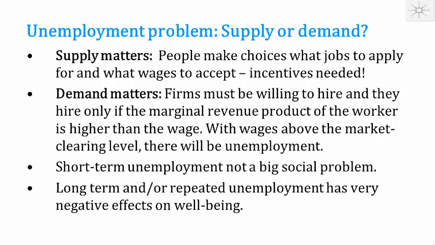So demand has very much to do with wage setting. If the wages are above the market clearing level, there will be unemployment. And then it doesn't really help that workers are desperate to get jobs. There are just not enough jobs. So, as always in economics, we have to remember that there is supply and demand and both sides matter.